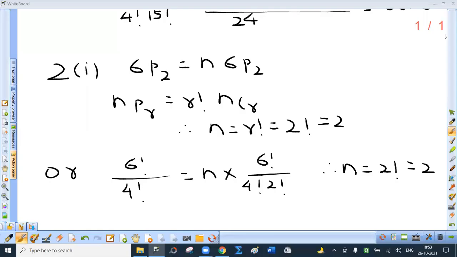Second, find n if 6P2 is n into 6C2. You should know that nPr is r factorial into nCr. So this n must be 2 factorial, that is 2. Or use the formula: 6C2 is 6 factorial upon 4 factorial. I'm sorry, this should be C, not P. I'll make that change.